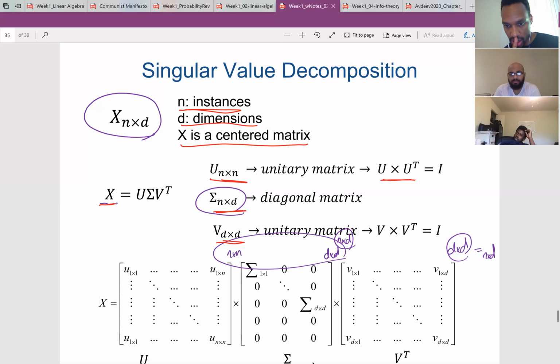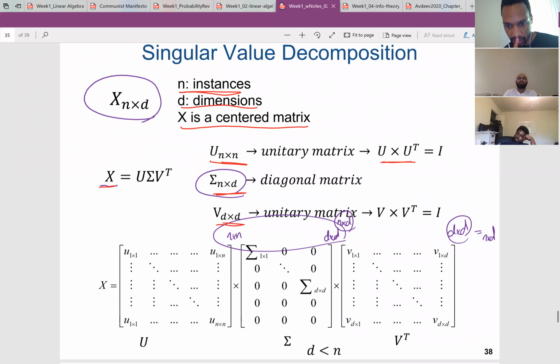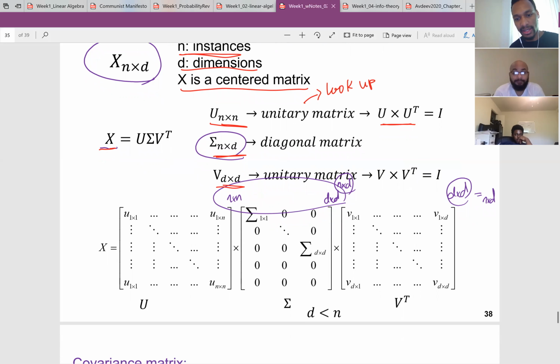Well, it is square, yeah, sure. Let me look up exactly what unitary means. But yeah, so basically you can represent that matrix X in this form.